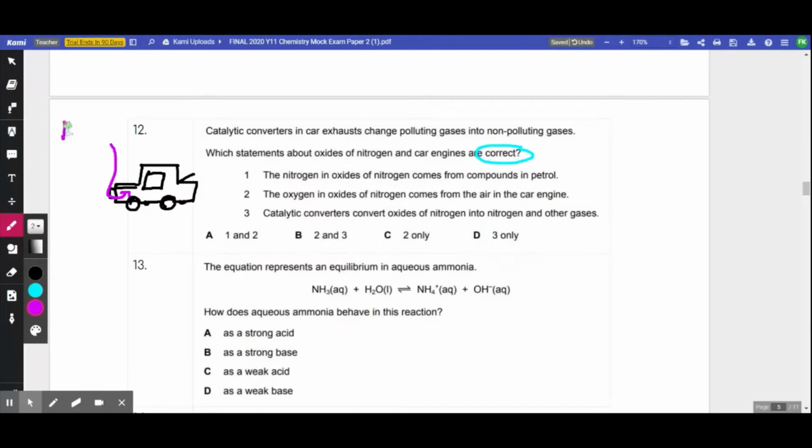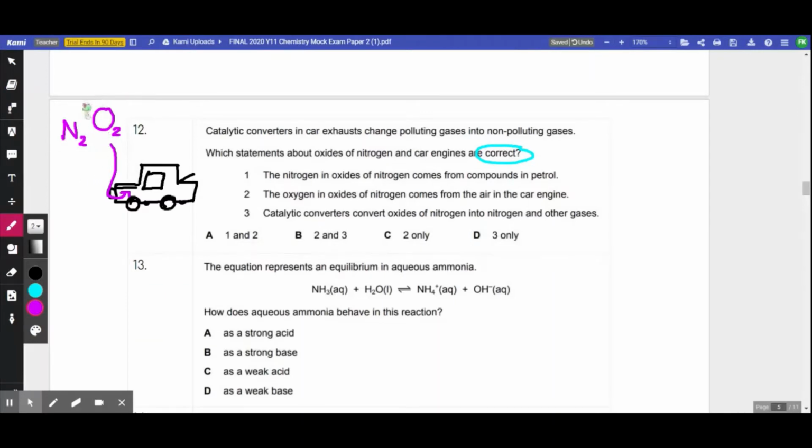You also have air within the internal combustion engine, because the fuel needs to burn in the presence of oxygen. So you do have air in, and that air contains nitrogen, and it also contains oxygen.